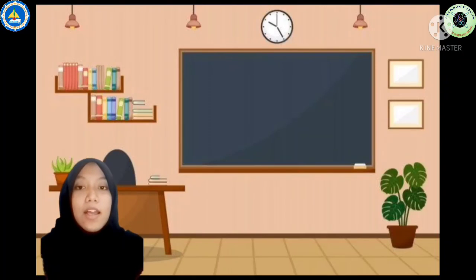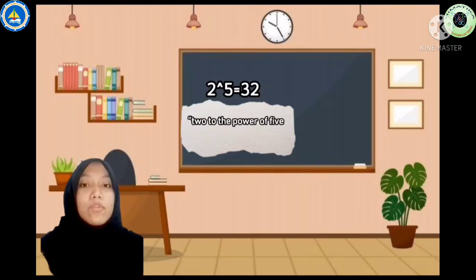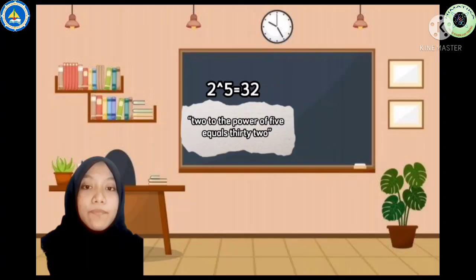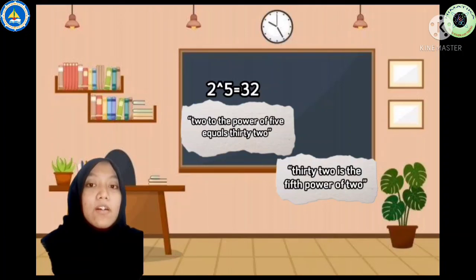Second example: 2 to the power of 5 equals 32. It is read 2 to the power of 5 equals 32, or 32 is the fifth power of 2.